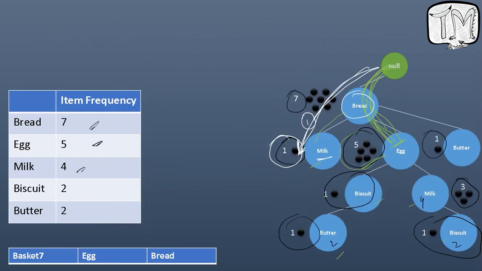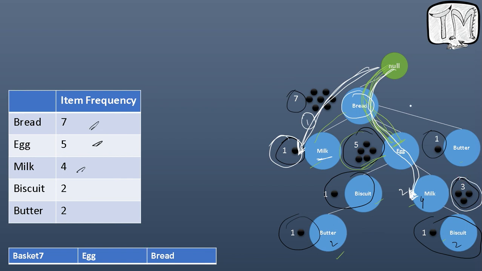Now look at whether there are any other paths leading to milk, and yes, there is one more path which starts from bread, goes to egg, and then finally reaches milk. So this is the second path which leads to milk. And look at the frequency of milk here, it is 3, right?